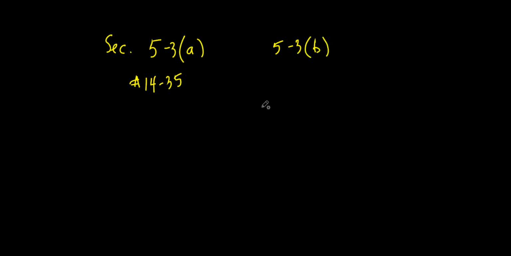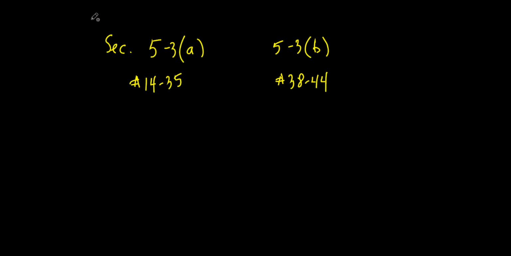So it's section 5.3. We're going to do A and B. Section 5.3a is 14 to 35. And then what you're going to do tomorrow is 5.3b, and it's 38 to 44. Okay?